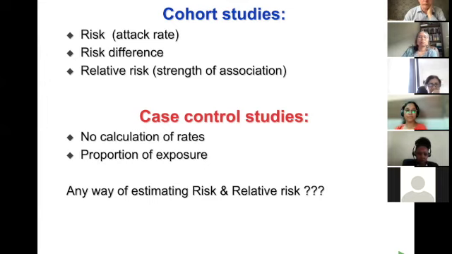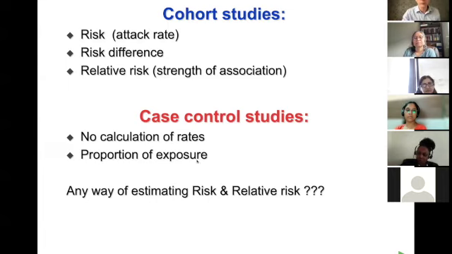Cool, good, very good. But in a case control study, this is difficult, isn't it? Because we've got these two groups, which are already ill and the others are not ill. And so we cannot calculate rates. We have to measure it in our 2x2 table from top to bottom.